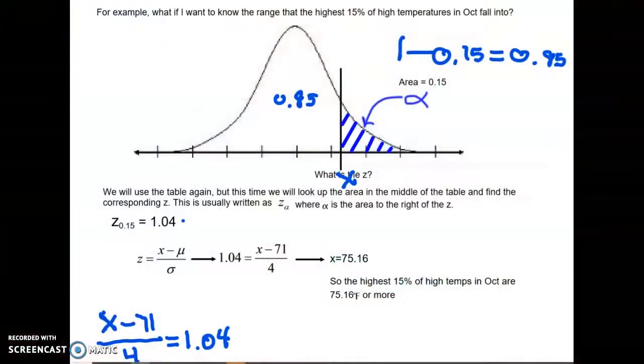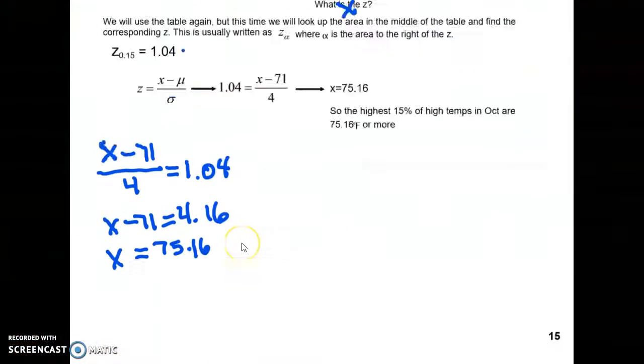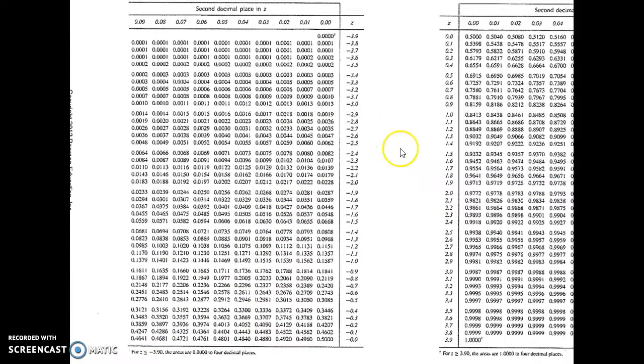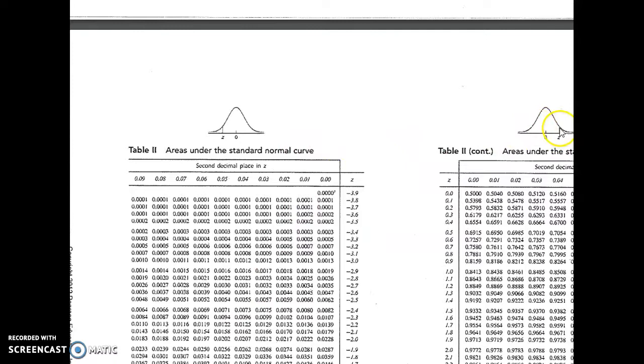Just like the normal distribution table that we have been using, the calculator wants areas to the left. It's always areas to the left that we're looking up.